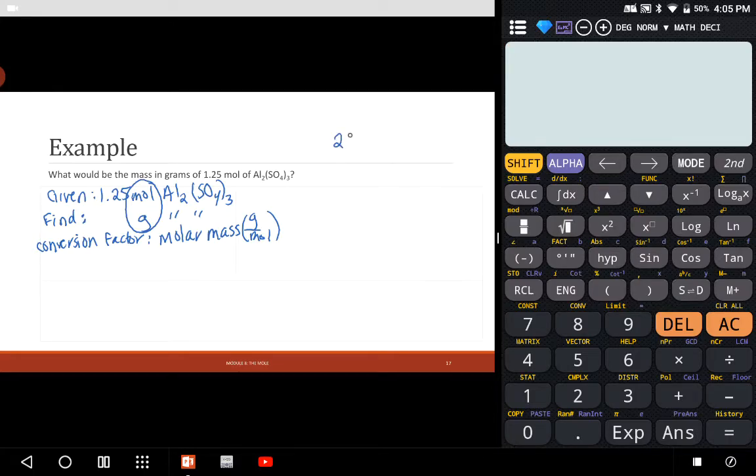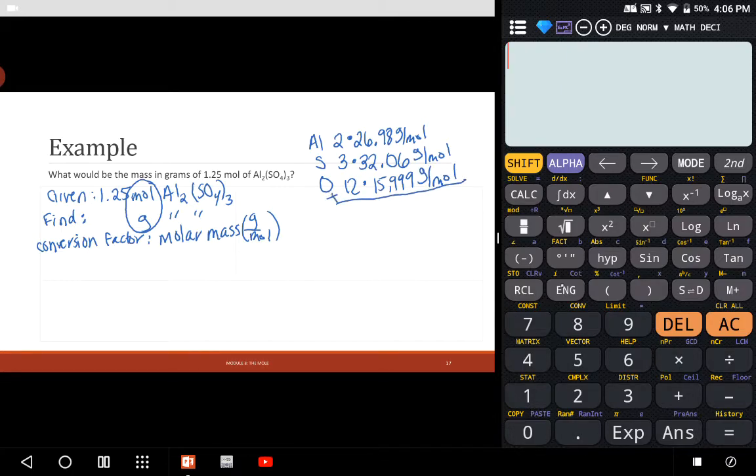And so I'm going to need 2 aluminums. Each aluminum is 26.98 grams per mole. I'm going to need 3 sulfurs. Each sulfur is 32.06 grams per mole. I'm going to need 3 times 4 is 12. I'm going to need 12 oxygens at 15.999 grams per mole each.